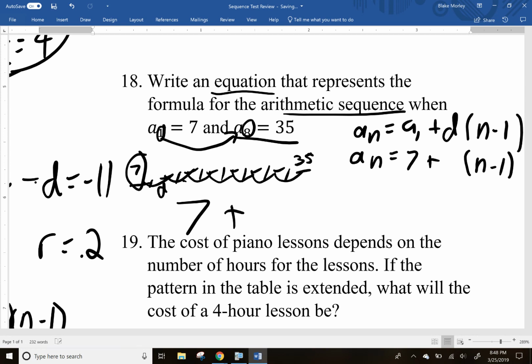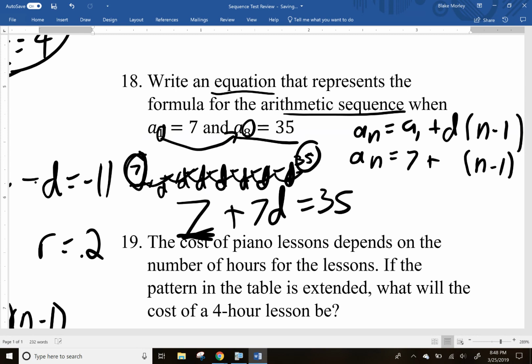So I'm adding some number, which I'm just going to call D, 7 times. So that could be 7 plus D plus D plus D plus D, and you can have that 7 times. But an easier way of writing that is 7D. So this is saying, hey, we're starting with the number 7, and then I'm adding another number 7 times, and I get, as a result, 35.